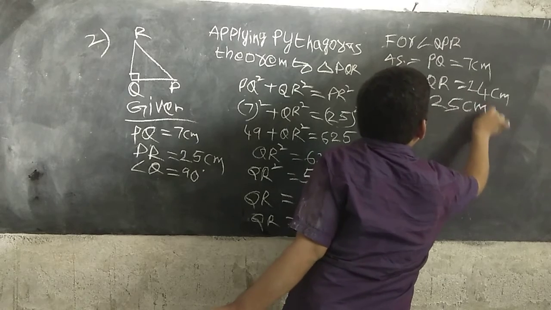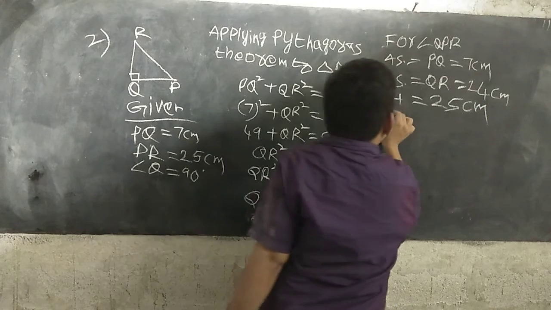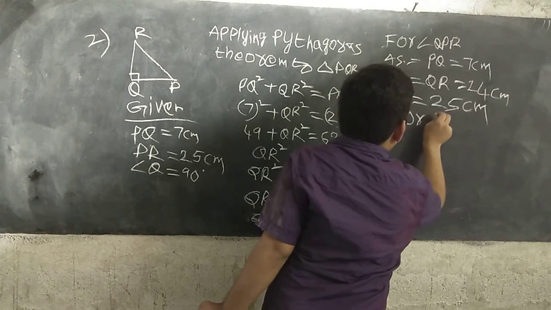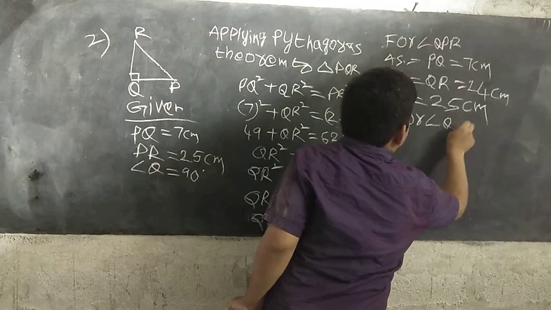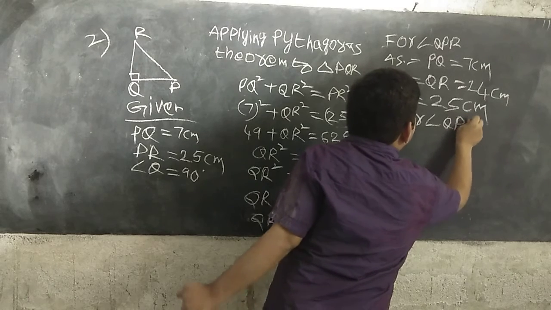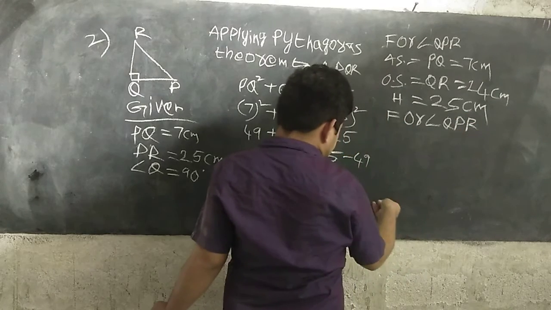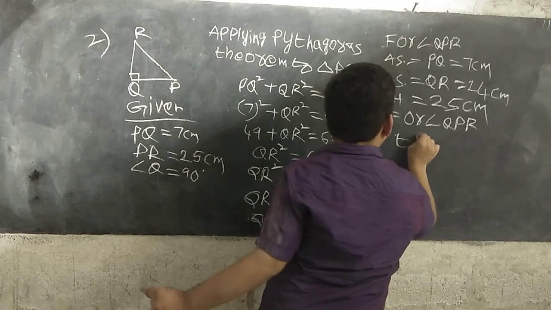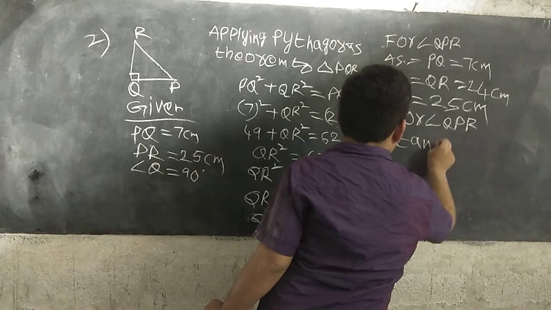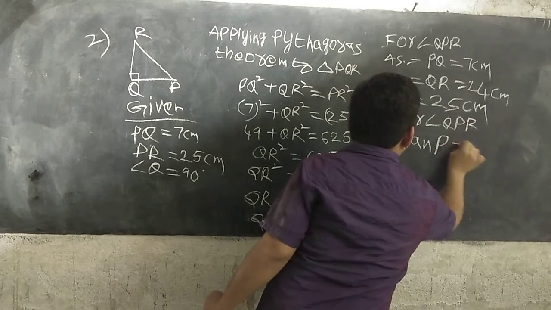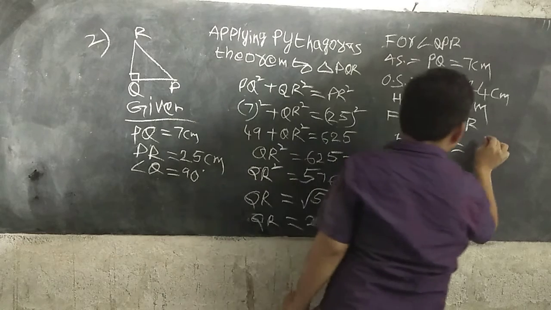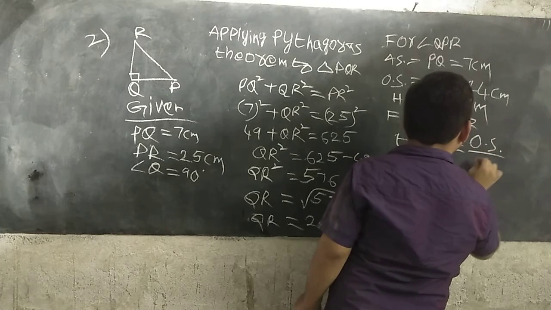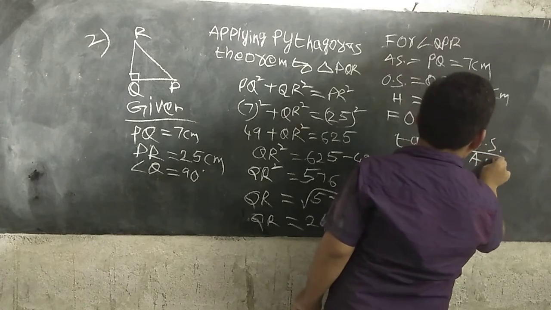Now, for angle QPR, tan P equal to what? Opposite side by adjacent side.